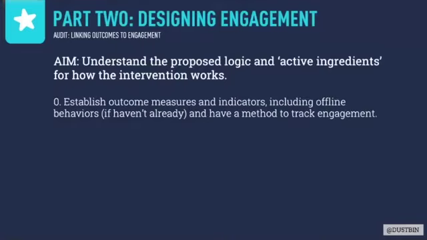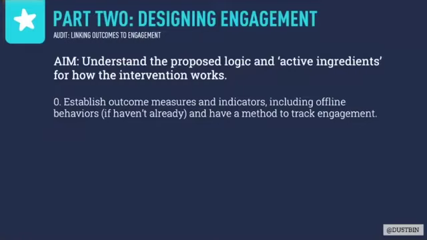So when we think about our goals in linking outcomes to engagement, right, the definition of effective engagement, we want to try to understand what the proposed logic in an intervention is and what the active ingredients are for how it works, right?